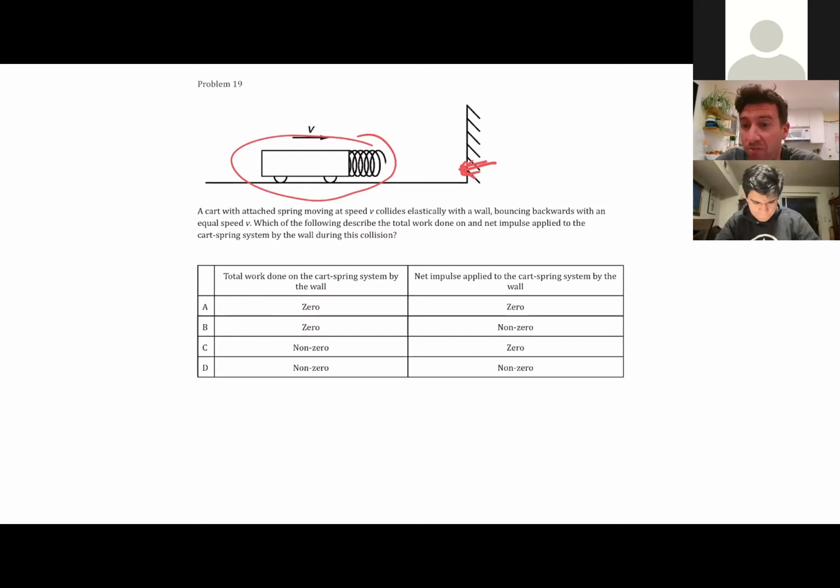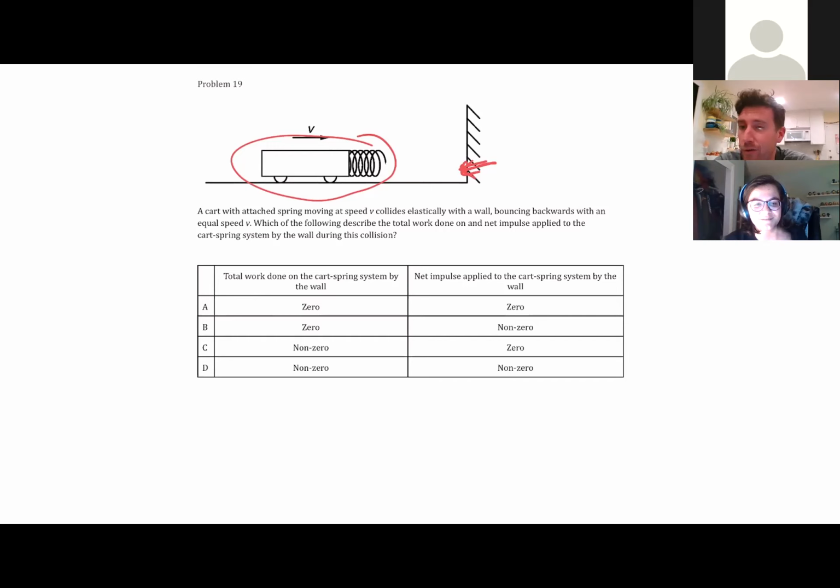What is work? Well, work is force times distance, right? And the wall is exerting a force on the spring, so it's non-zero. That's a good logical thought process. And then I want to say net impulse is 0. Am I wrong? I believe you are. Cool. But it's a good logical thought process.